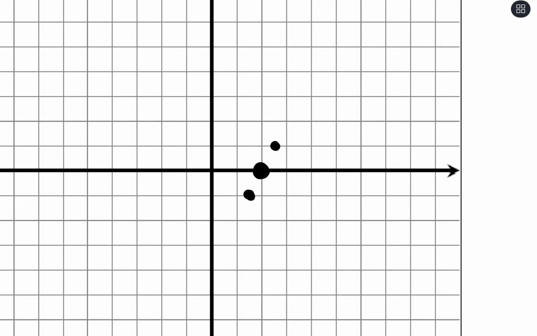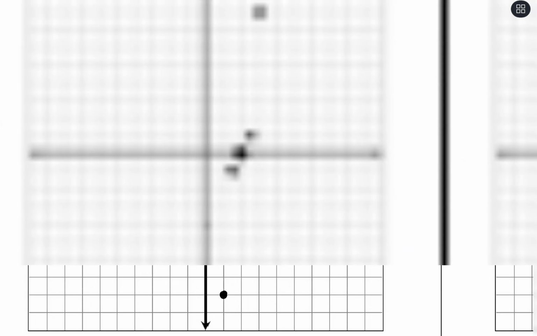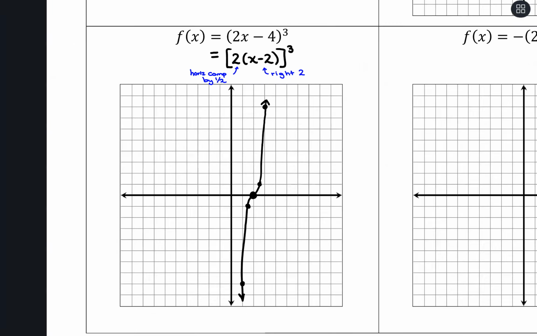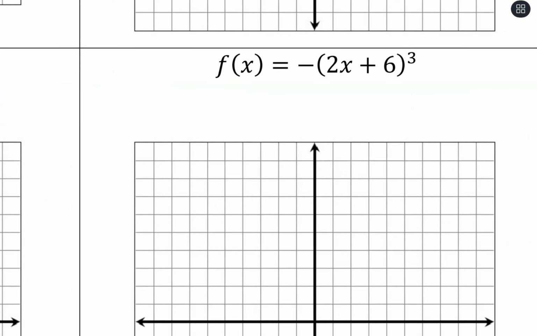So this horizontal compression is going to make this very narrow. In fact, this is going to be kind of difficult to draw, but we'll do the best we can. So we're flattening through the 0 there, and then going off to negative infinity, and then curving through, and then going up to positive infinity.